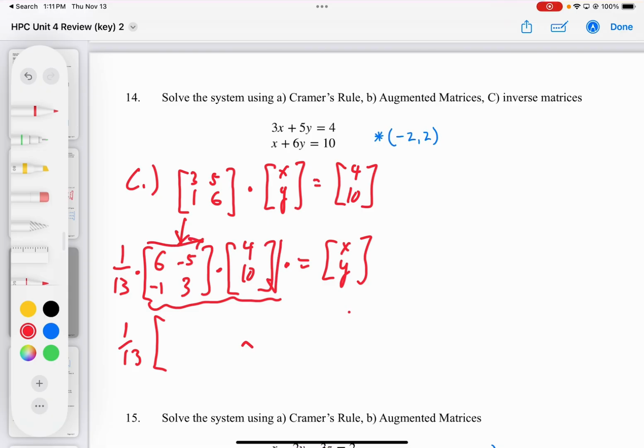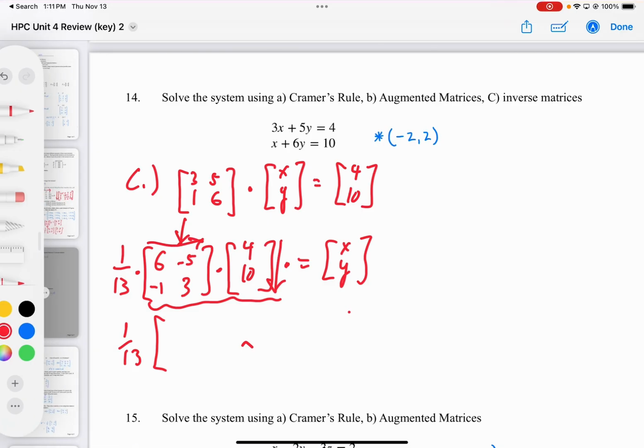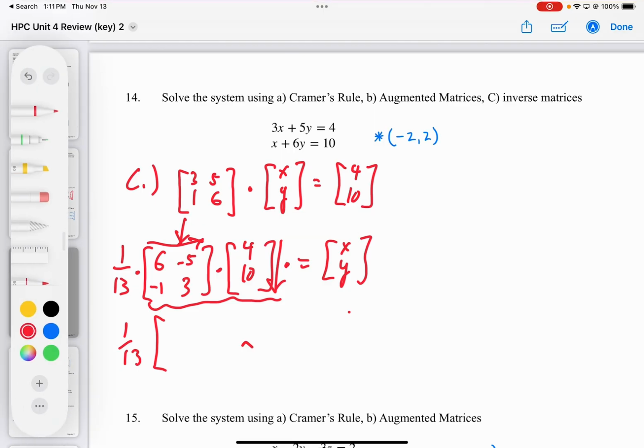So I would do 6 times 4 is 24, and then plus negative 5 times 10. So I'm going to get 24 minus 50 for my first value. And then for my second value, I have to do negative 1 times 4, which is negative 4, plus 3 times 10. So negative 4 plus 30 for my other value. You okay so far?